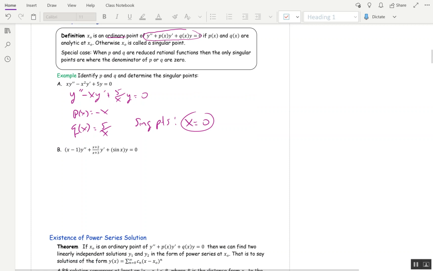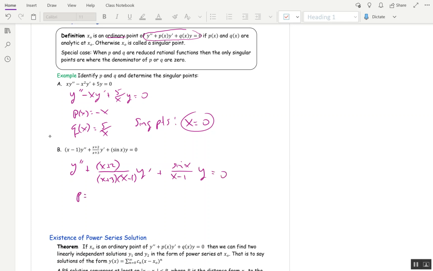All right, for the next one, again, I divide through by x minus 1: y double prime plus (x plus 2) over (x plus 3)(x minus 1) y prime plus sine x over x minus 1 y equals 0.